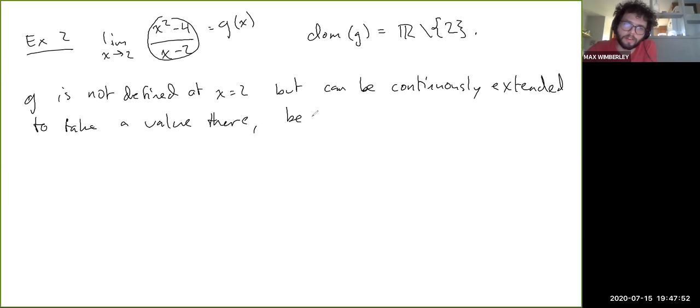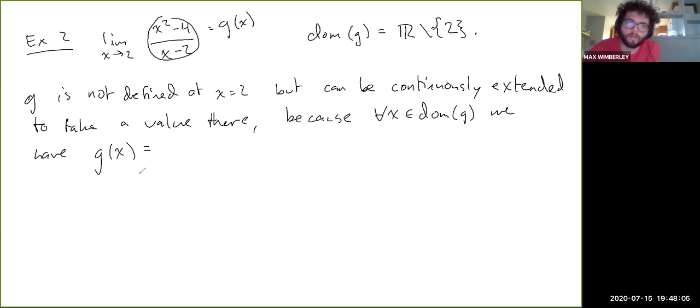This is because for all x in the domain of g, we have g of x equals x plus 2. If you just factor this using the difference of squares and then cancel the x minus 2, which you're allowed to do when x is not equal to 2, you end up with x plus 2.